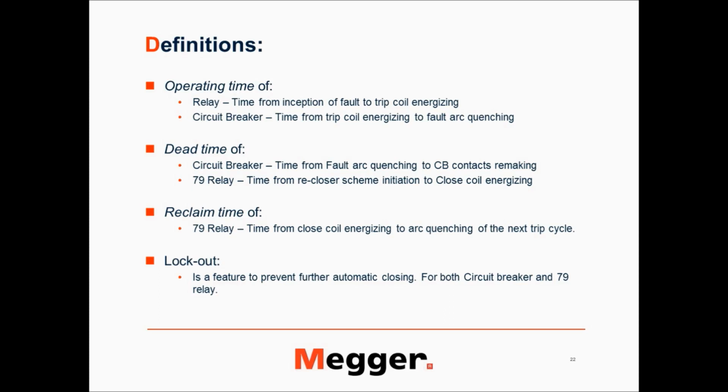And as I told you already, after the lockout happens, there has to be a manual fault clearance, and after the fault is cleared, we have to close the circuit breaker manually.